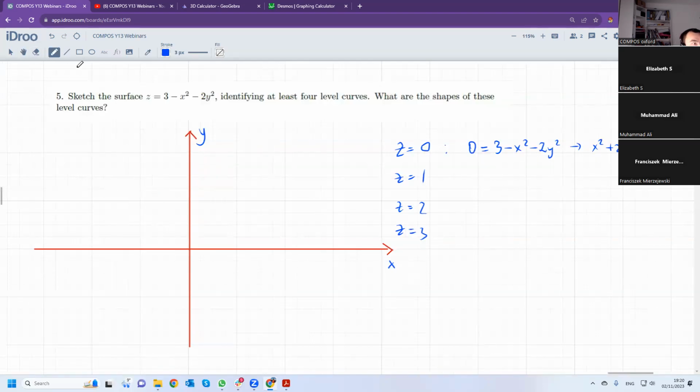So x is square root of 3, and y is square root of 3 over square root of 2. So that's somewhere here.